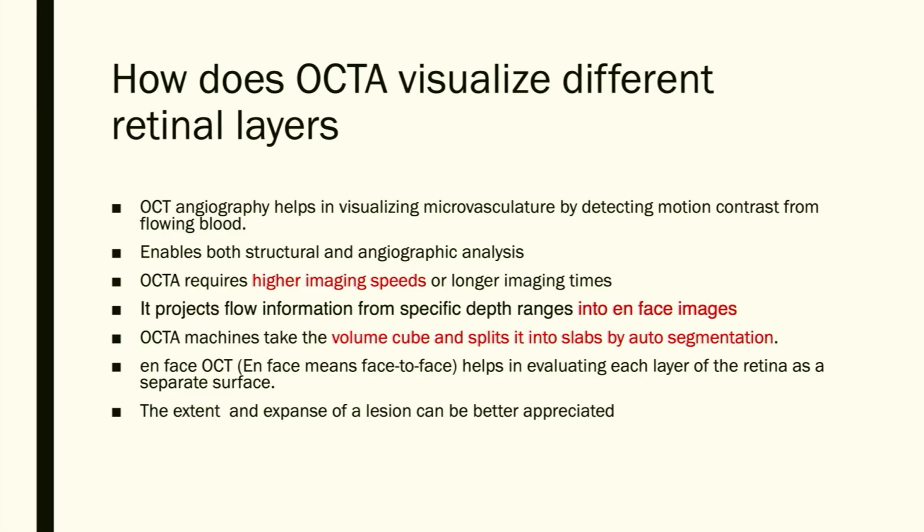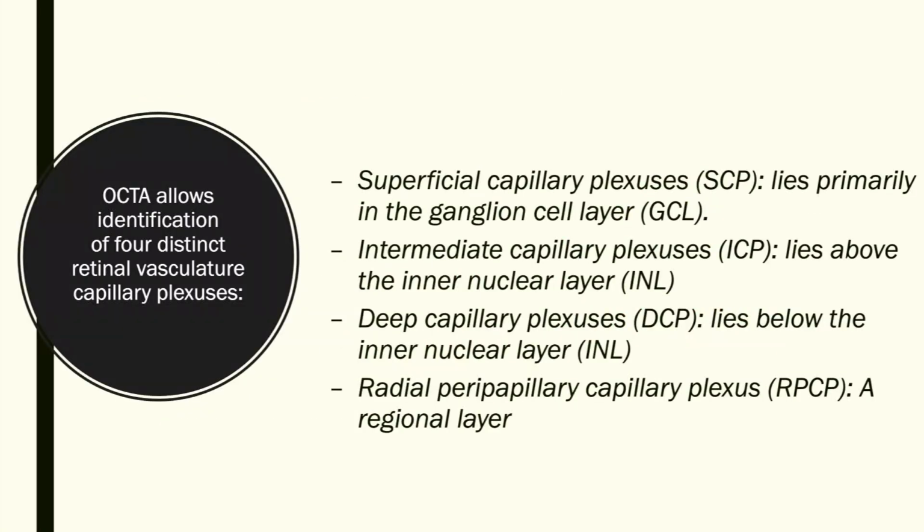It is showing you what the blood flow is going to be like in the nerve fiber layer, and what is going to be in the inner nuclear layer. So these are the 4 plexuses it recognizes: the superficial capillary plexus, intermediate capillary plexus, deep capillary plexus, and radial peripapillary capillary plexus.